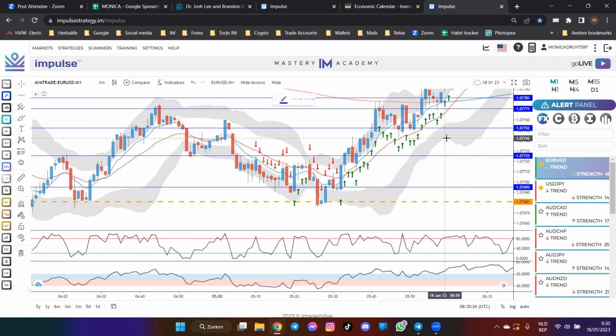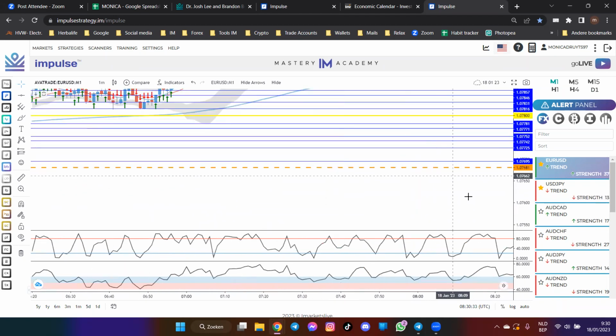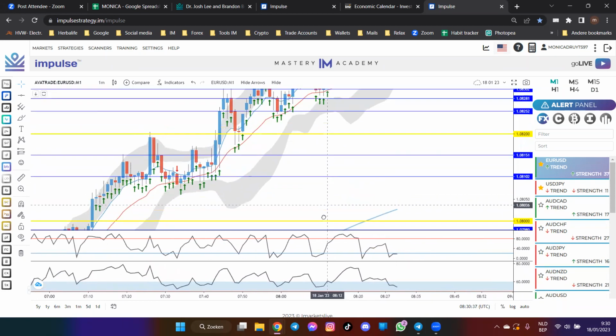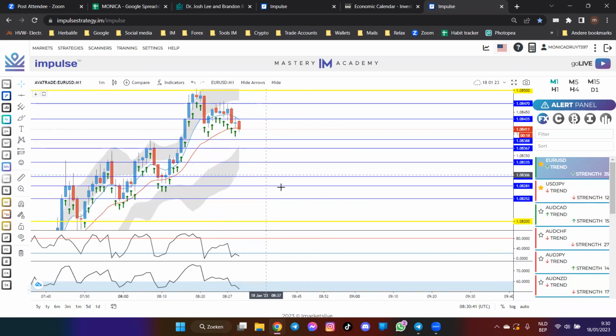Now it takes a little bit longer because this is a new chart. When you save it and you use this chart for a week, probably these lines for in the future, this is where price is gonna go. I don't even have to watch it. I know it's gonna bounce up on these levels.